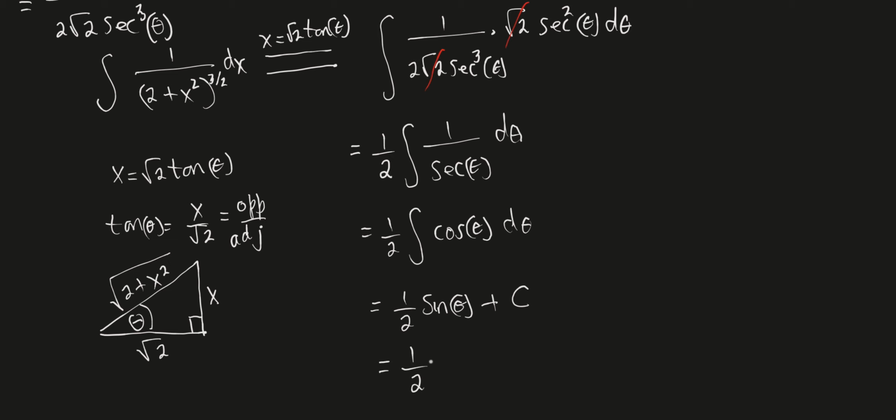We have 1/2 times x over the square root of 2 plus x squared plus c, right? And that can be written as a nice single fraction, x over 2 root of the quantity 2 plus x squared, plus c. All right.